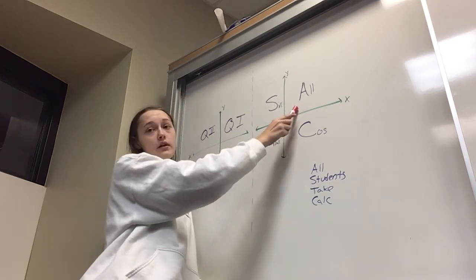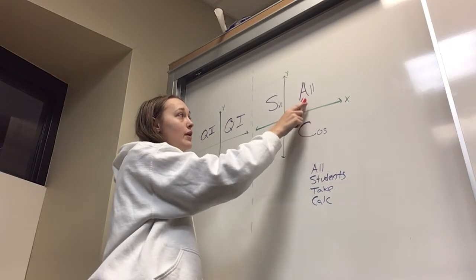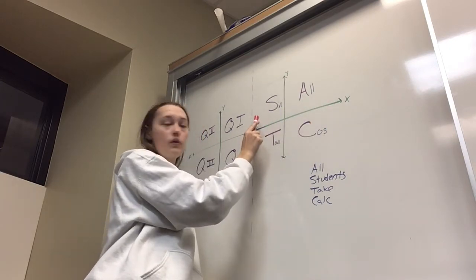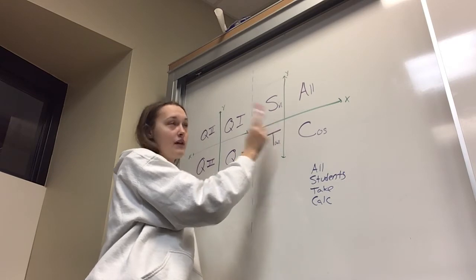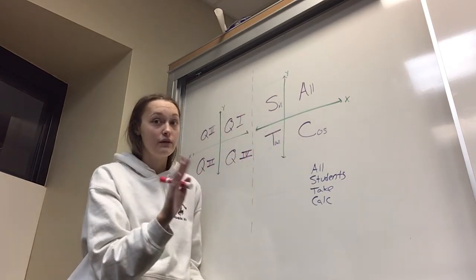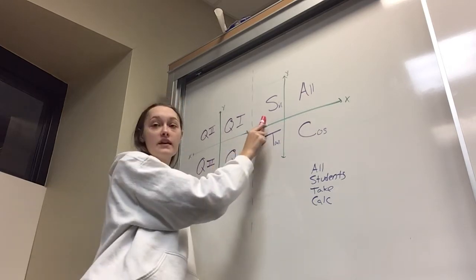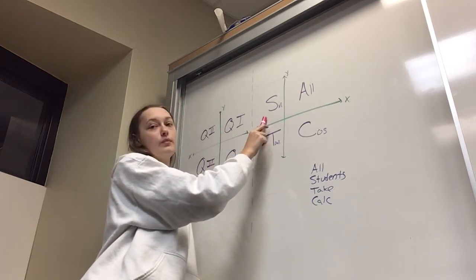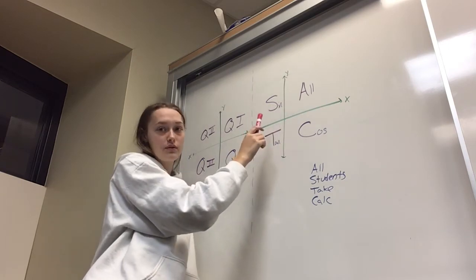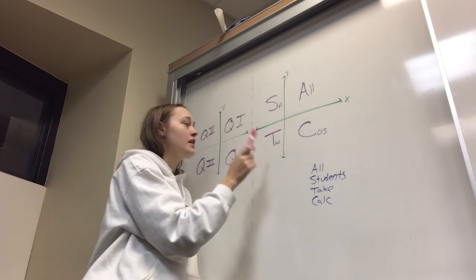In quarter 1, every answer you get will be positive, so all of them are positive. In quarter 2, only the answers if you use sine will be positive. If you use cosine or tangent, the answer will be negative. So in quarter 2, sine and its reciprocal, which is cosecant, are positive.